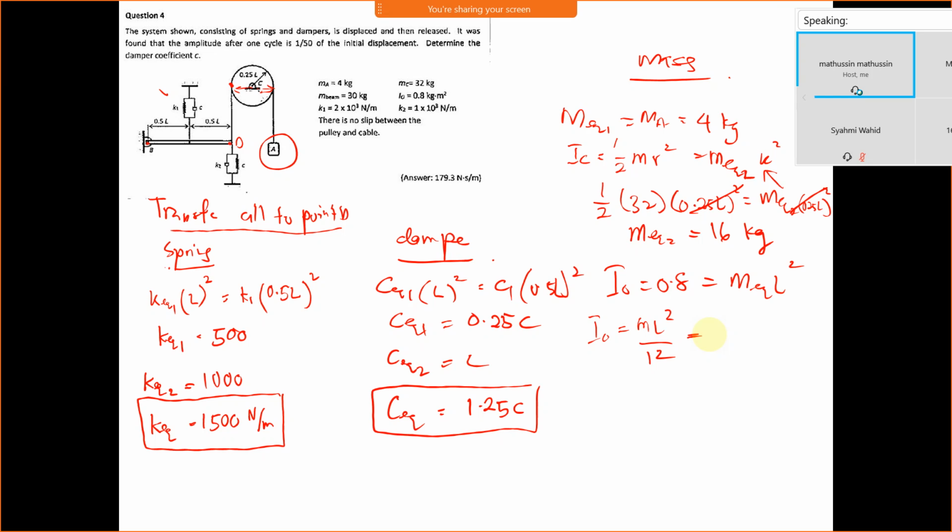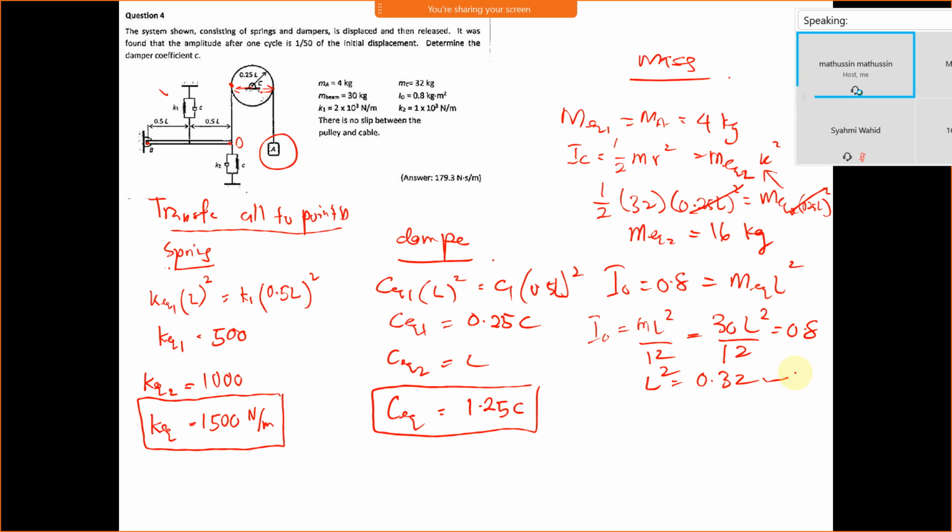Jadi M untuk beam dia dibagi dalam 30, alright, times with L kita nak cari bahagi dengan 12 sama dengan 0.8. Then ataupun kita cari L squared lah, sebab kita nak masukkan L squared dalam equation. Jadi L squared is 0.32.